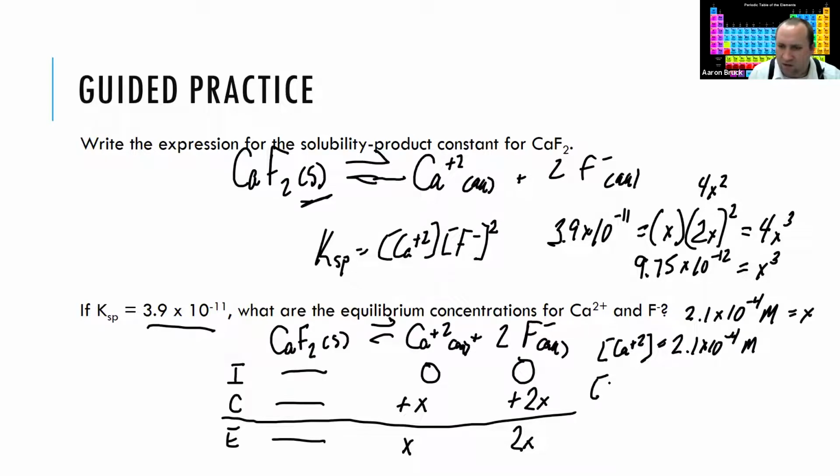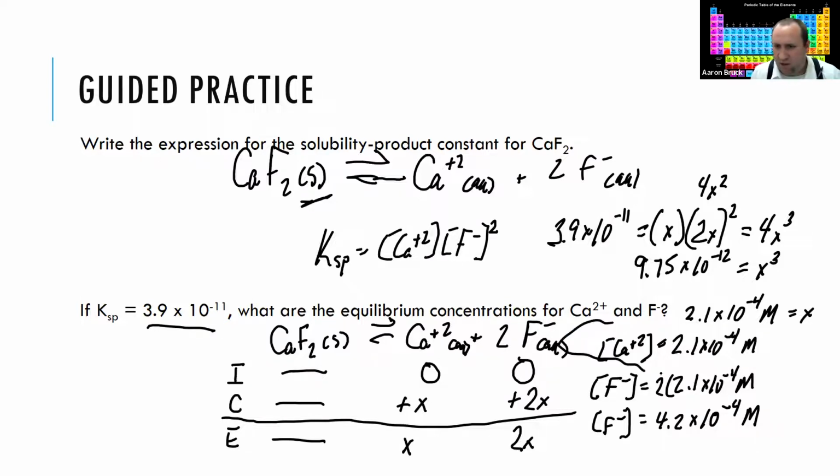And the concentration of the fluoride is equal to double that, which would be 4.2 times 10 to the negative 4th molar. So there are the values that I'm ultimately interested in: calcium ion and the fluoride ion. So that's how you use this information.